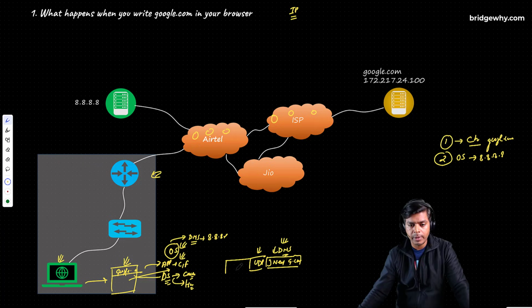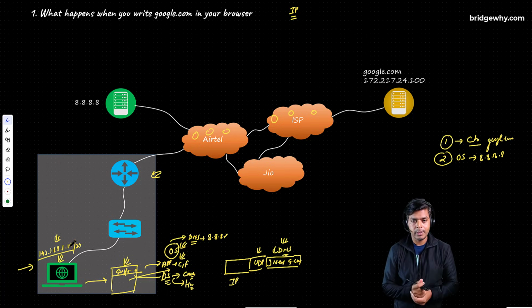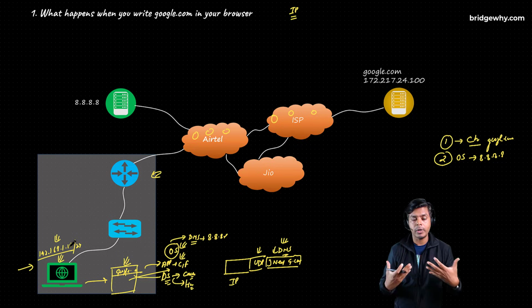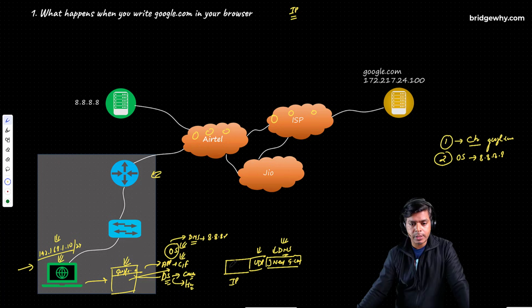Then on top of UDP, what is there? There is going to be an IP address, right? What IP address, by the way? The source IP address is going to be the machine's IP address, or the laptop IP address, which might be say 192.168.1.10, right? And maybe /24, because I have explained in the first video of this series that an IP address doesn't have any meaning if you do not write the mask. So the source IP address is going to be 1.10.